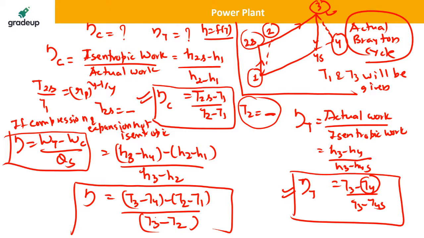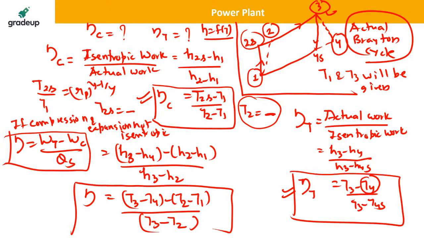Is it clear to everyone? If compression and expansion are not isentropic, then this approach will be followed for solving the question of efficiency. Clear everyone? Please tell me, clear or not? Yes.